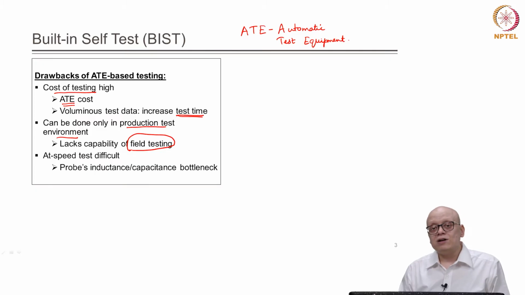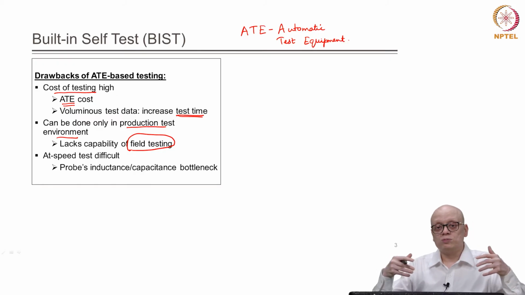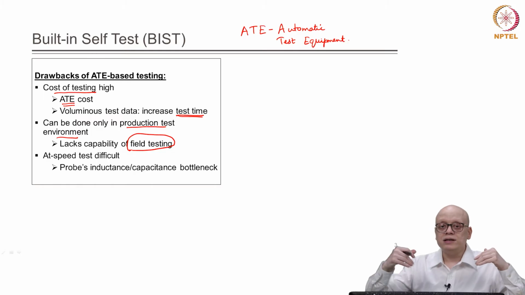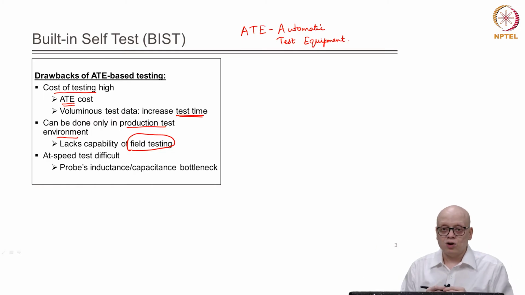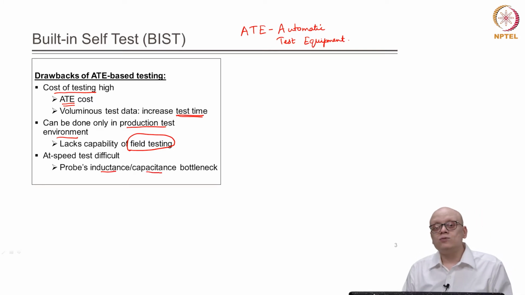And another disadvantage of ATE based testing is that it requires probes to apply the test patterns and also read the response out of the chip. But these probes have inductance and capacitance, and therefore we cannot carry out at-speed testing using ATE based testing.